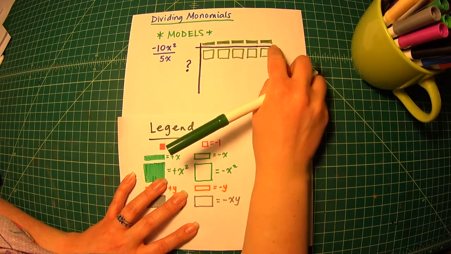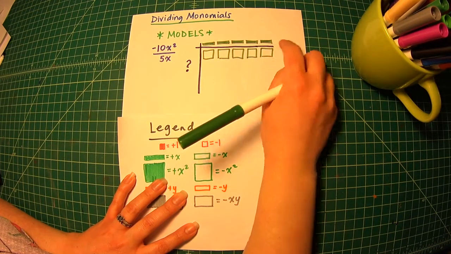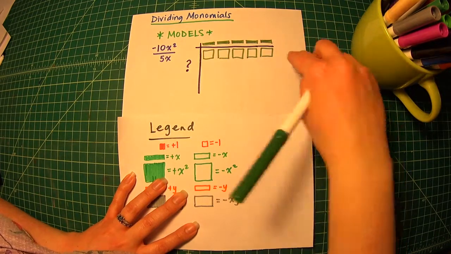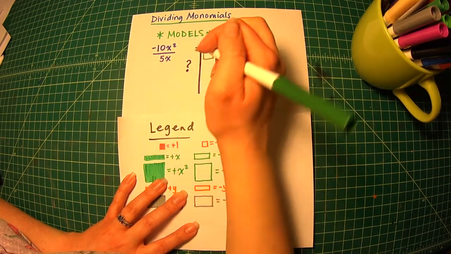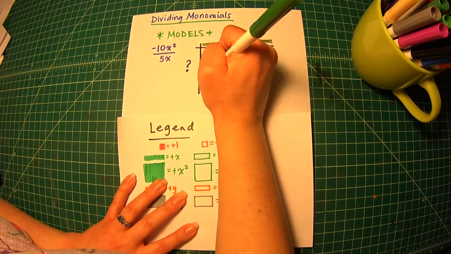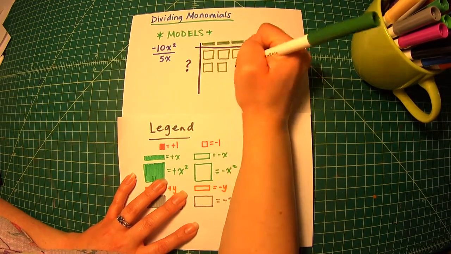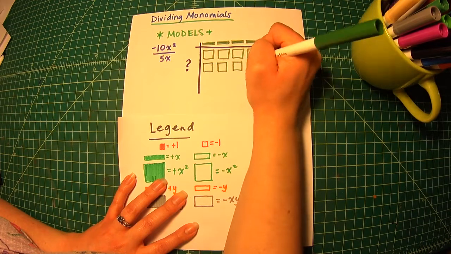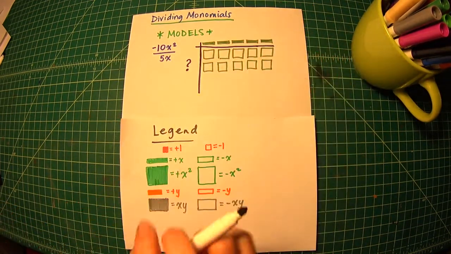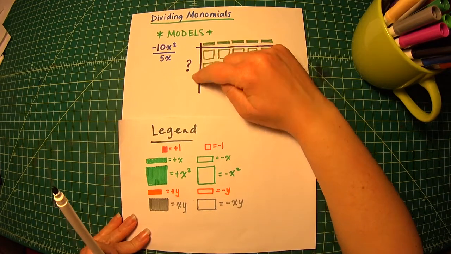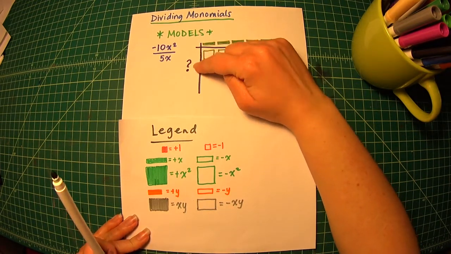That's it for that row, because it ends there. But I still need 10 of them, so I've got to keep going underneath. So that was 5, 6, 7, 8, 9, 10. So there's my 10x squared.